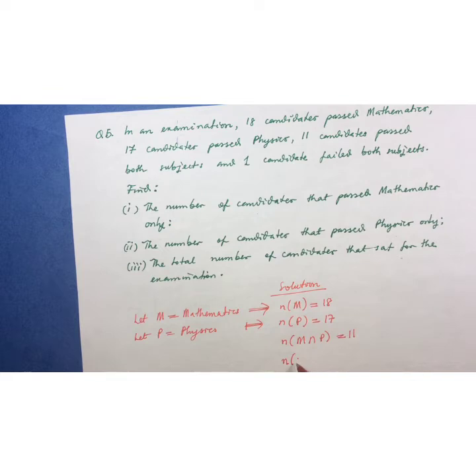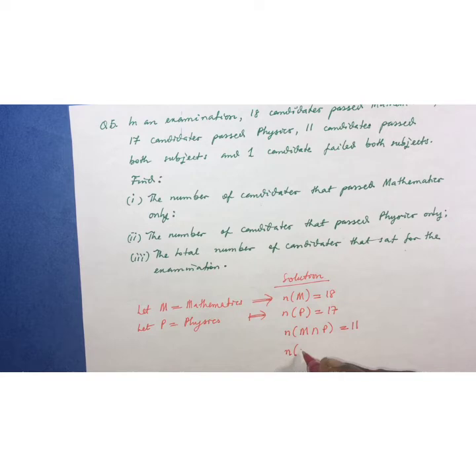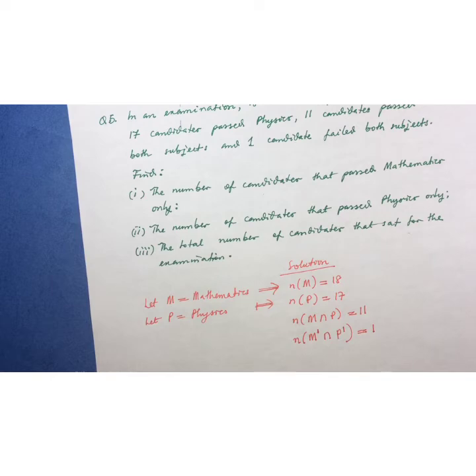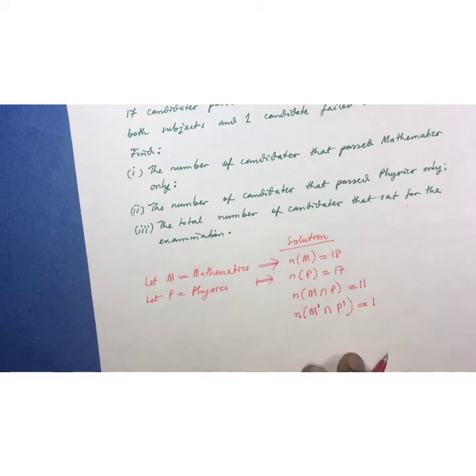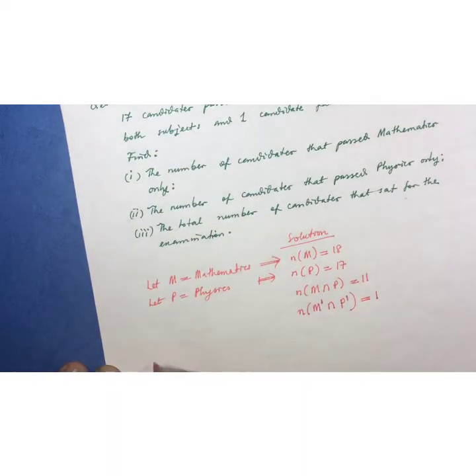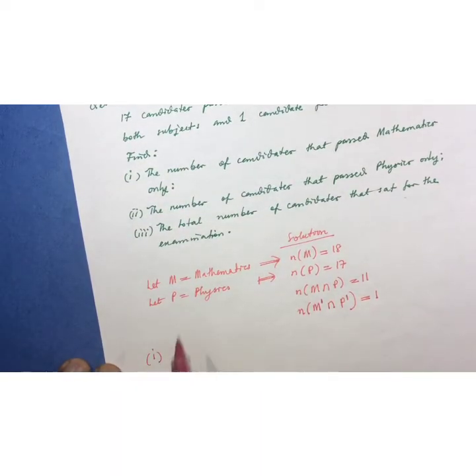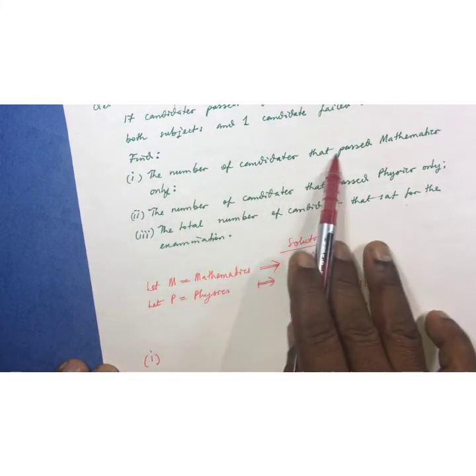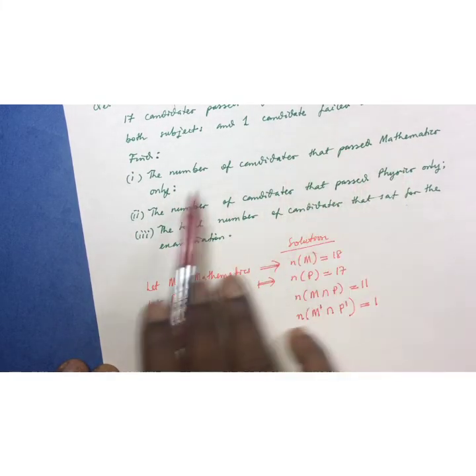So if one candidate failed both subjects, then I can write here M complement, being the ones that failed mathematics, intersection P complement, the ones that failed physics. So the number common to both sets is 1. Okay? Now what have I done? I have used notations to represent what we were given. Now the next thing I'm going to do is to go to question number 1. We are asked to find the number of candidates that passed mathematics only.